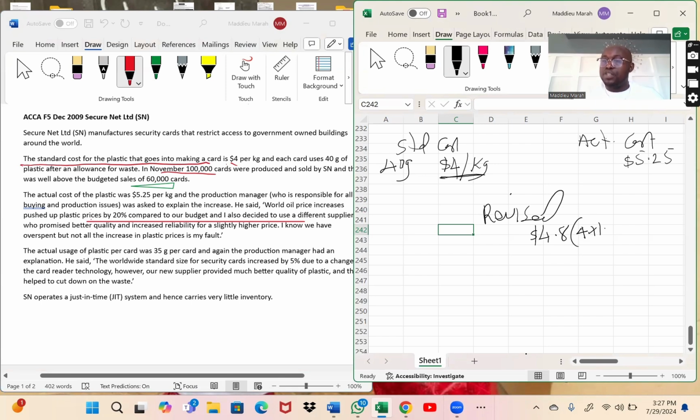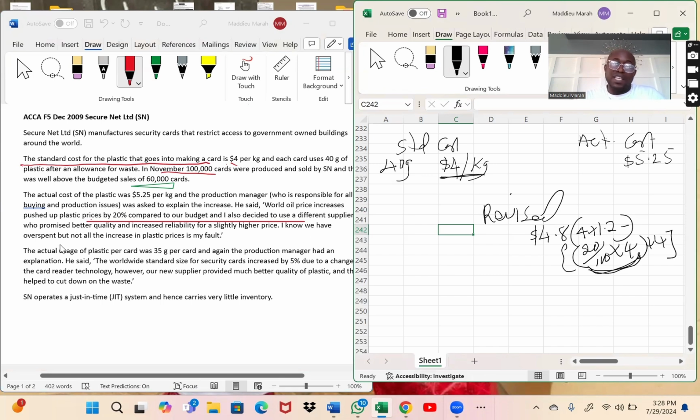So multiplied by 1.2 equals 4.8. Now we can do the elementary: 20 divided by 100 times 4, all of these plus 4, because this is the increase. Okay, this is the increase that pushed up the price. So our revised price now is 4.8. Okay, we move on.